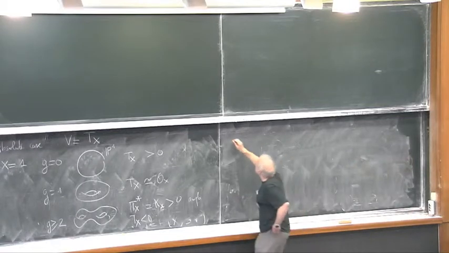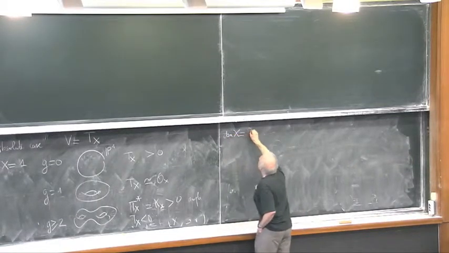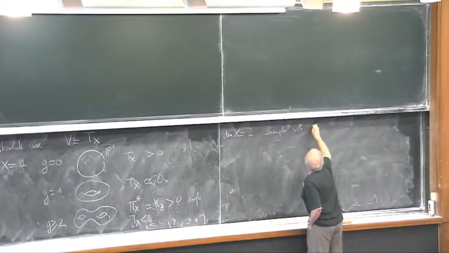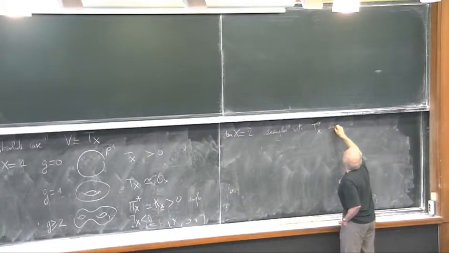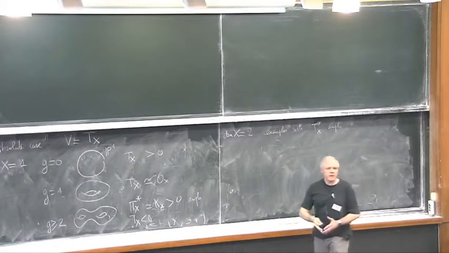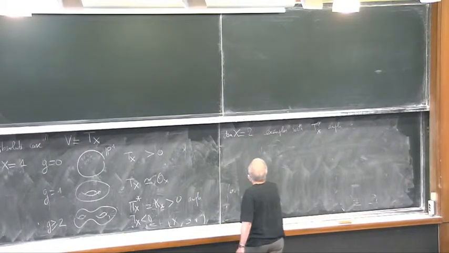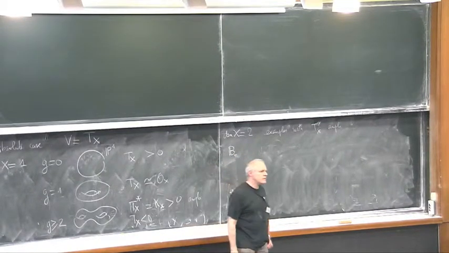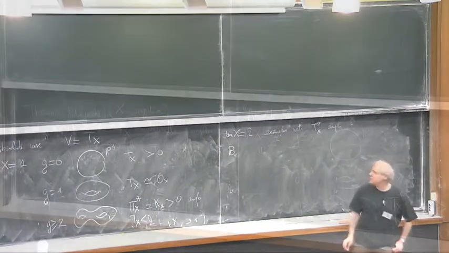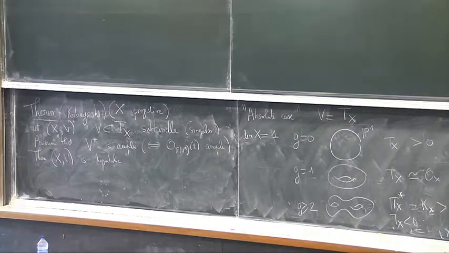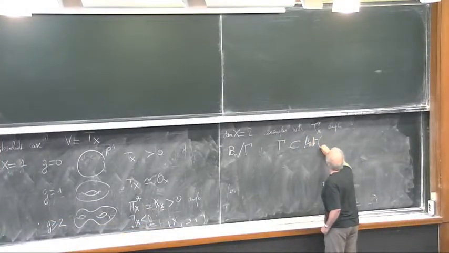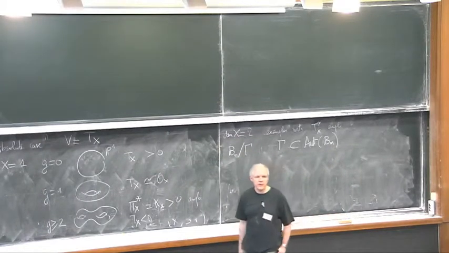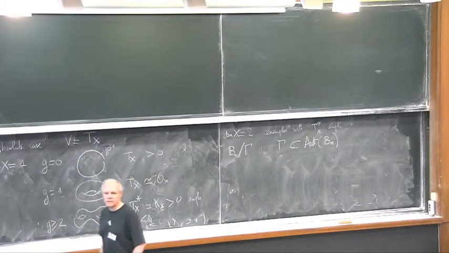So in higher dimension, examples still exist. So examples with T star X ample. Well, you can do exactly as for curves. You take the ball. And then you take a quotient by a discrete subgroup of the automorphism group. And then, of course, you have the generalized Poincaré metric on the ball, which has a strictly negative curvature.